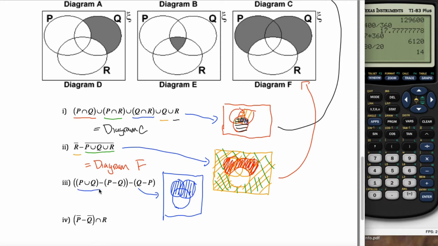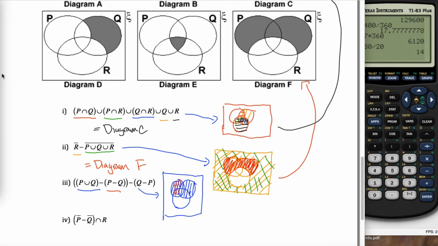But then from that, I want to take away P minus Q. P is what I start out with, this thing right here, but then I want to take away everything that's in Q. So P take away Q would be that red region right there. I'm getting rid of that, so what I have left is the stuff in blue.